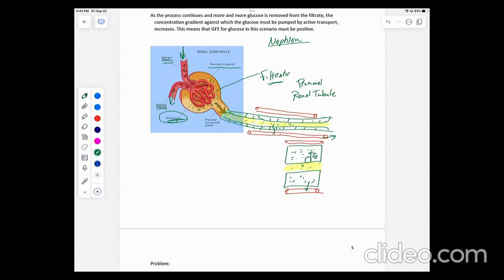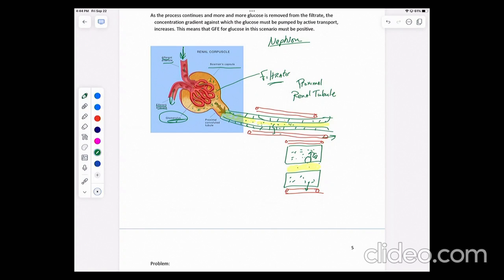But you can kind of see the problem here in terms of the energetics, because I got to get rid of all the glucose out of the filtrate. I got to take all that glucose and put it back in the body. Well, if I do that, and I'm just going to go ahead and erase this and then put the yellow back so I can make my point here. There's my yellow. Okay, and maybe I'm down to my last couple of glucose molecules.